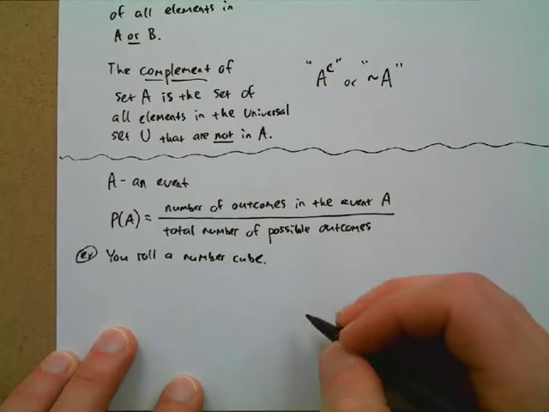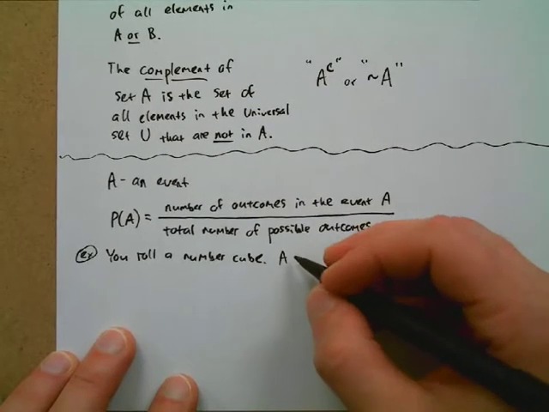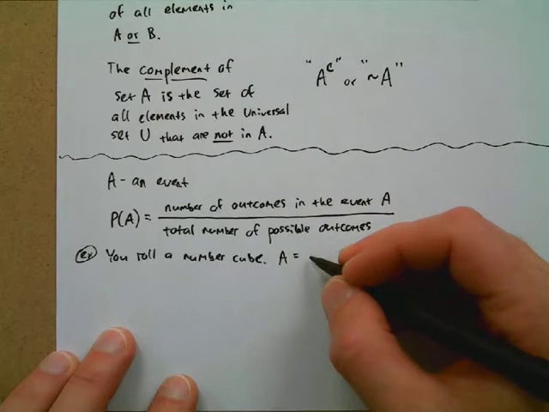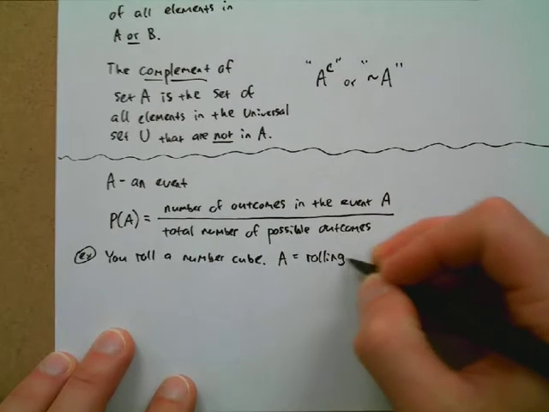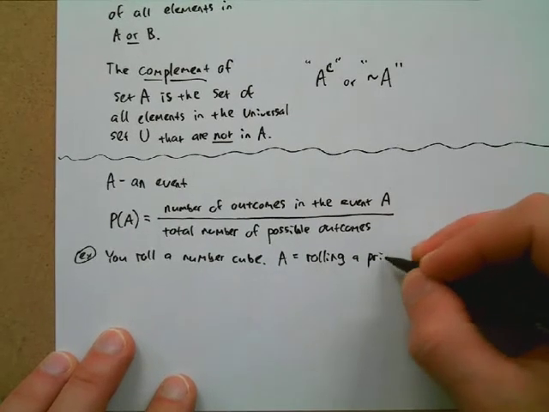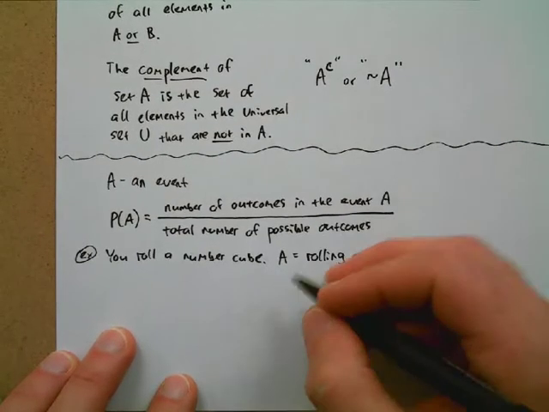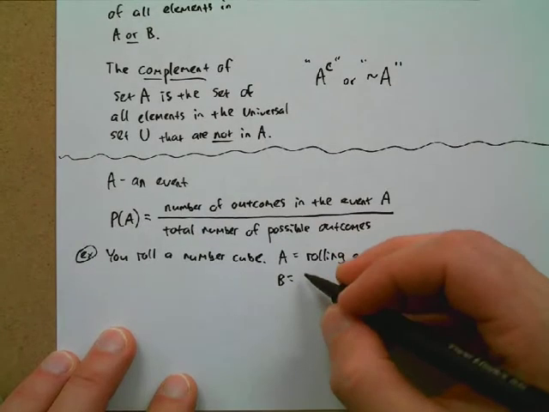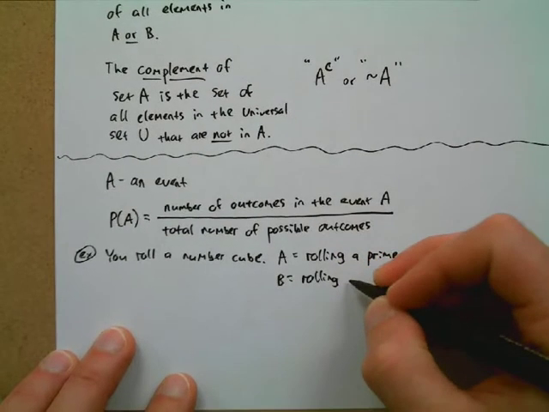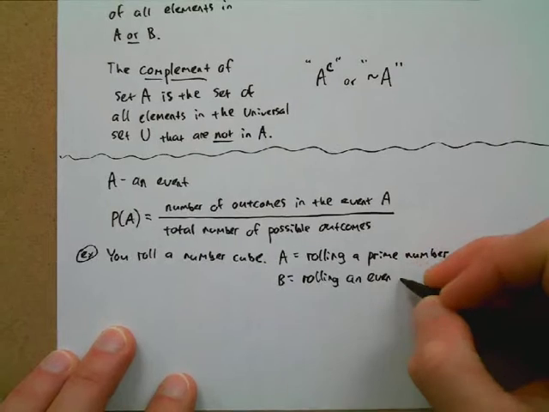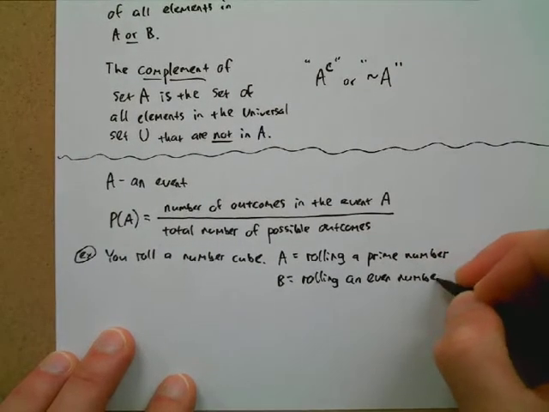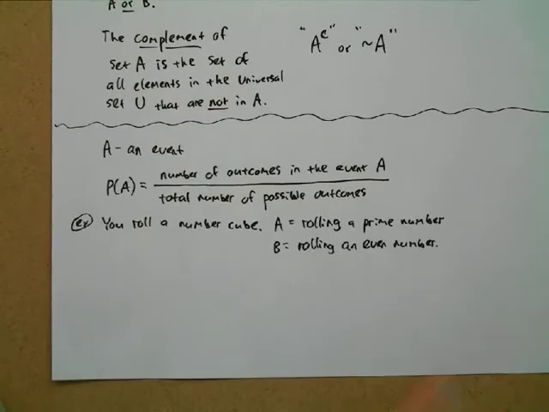A equals rolling a prime number, and B equals rolling an even number.